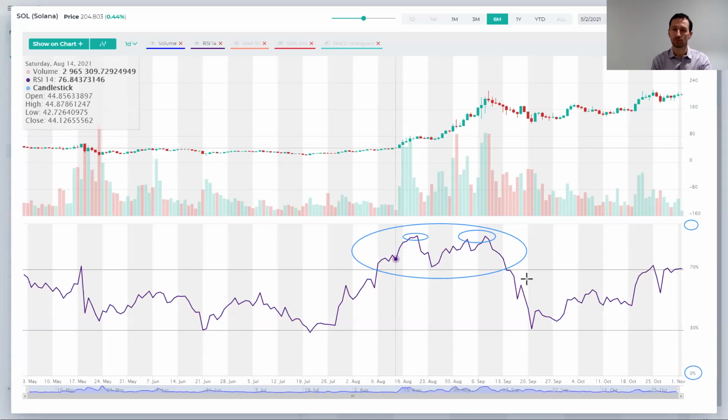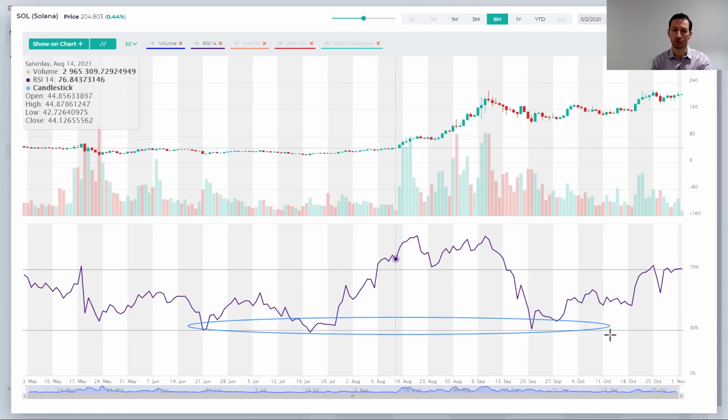But the extreme values like 80 or 90 are areas and times to be aware of, and we'll explain that later. It's also noticeable that in an uptrend, prices rarely dip under 30, or are rarely technically oversold. For coins in an uptrend, we could consider oversold even higher than that, I'd say under 40.